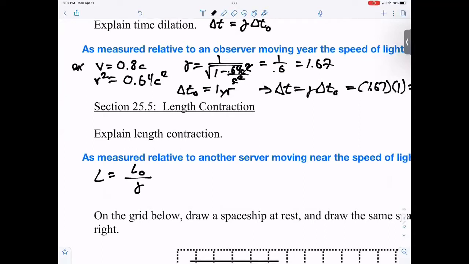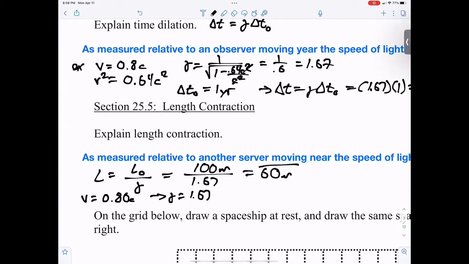So if I use the same gamma at 80% of the speed of light, we already know that gamma was 1.67. And so let's say you had a 100-meter long object divided by 1.67. That object would appear only 60 meters long.